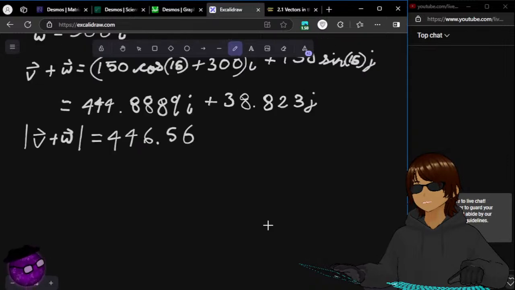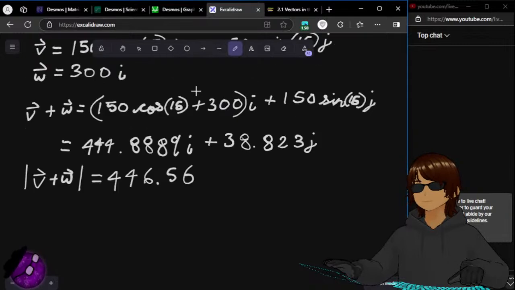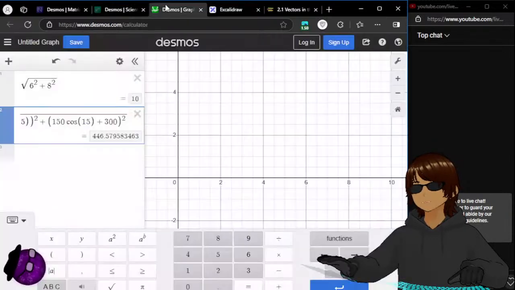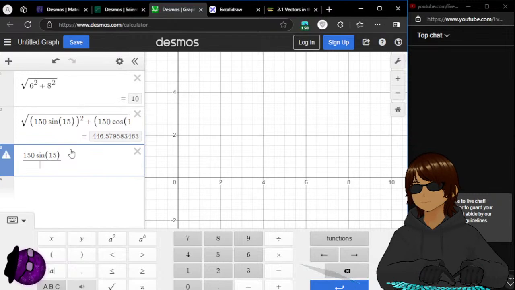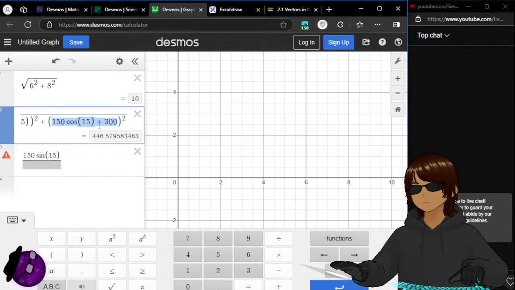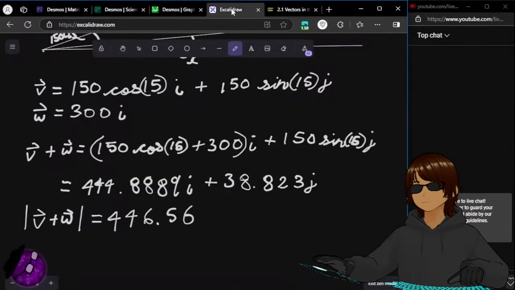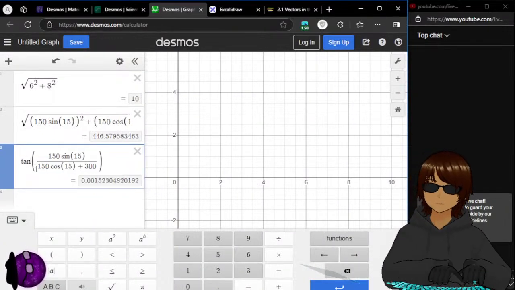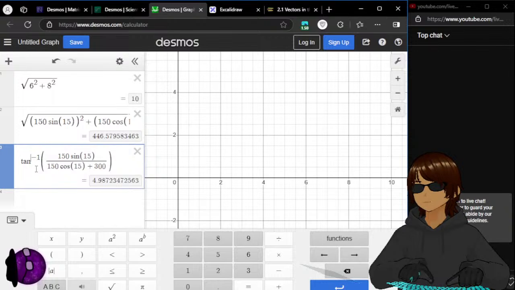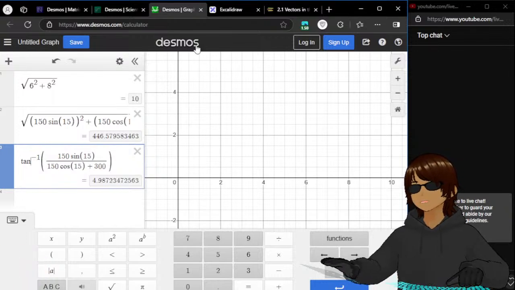So we have these two components, right? We can just do inverse tan of them. Is this right? 4.98.